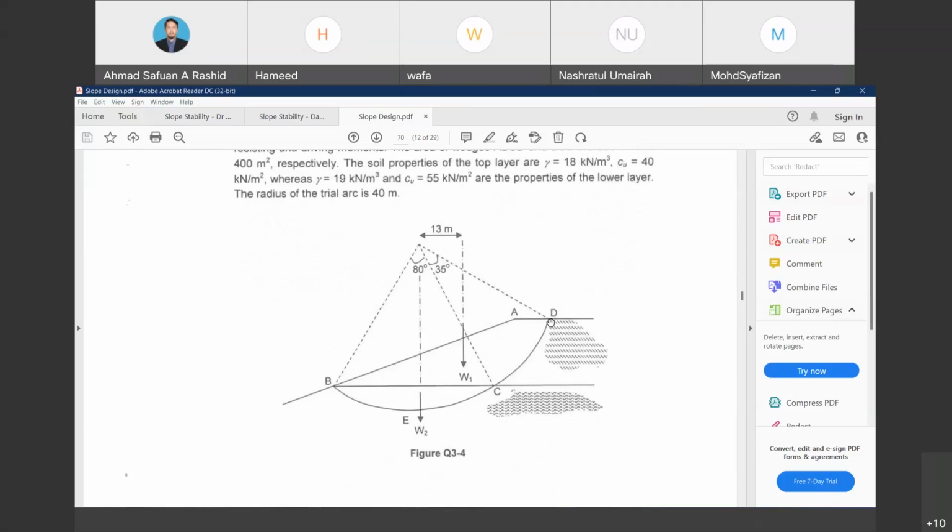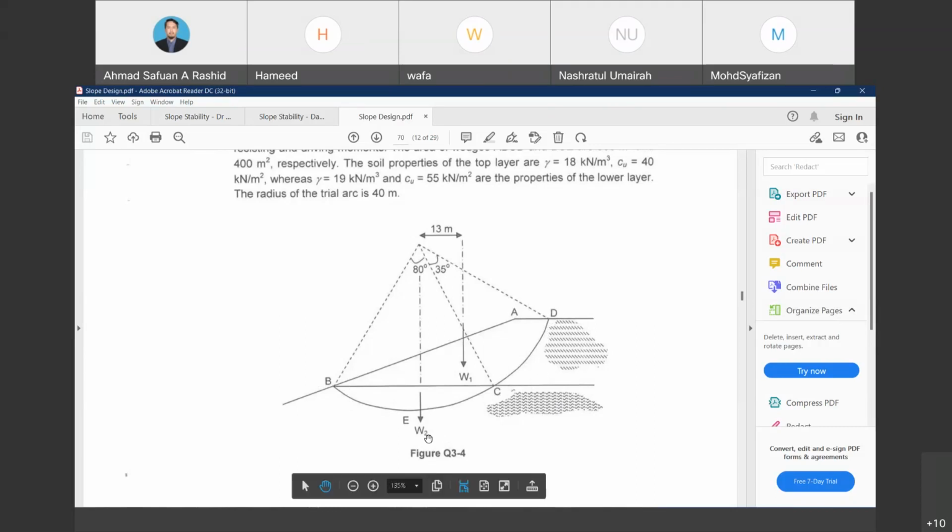Actually, it is not a circular type of failure because it is a non-homogeneous soil with two types of soil. However, for the sake of the example, we just assume it is a circular type of failure. So this is 35 for the opening size of this circular arc, and 80 for this BC.